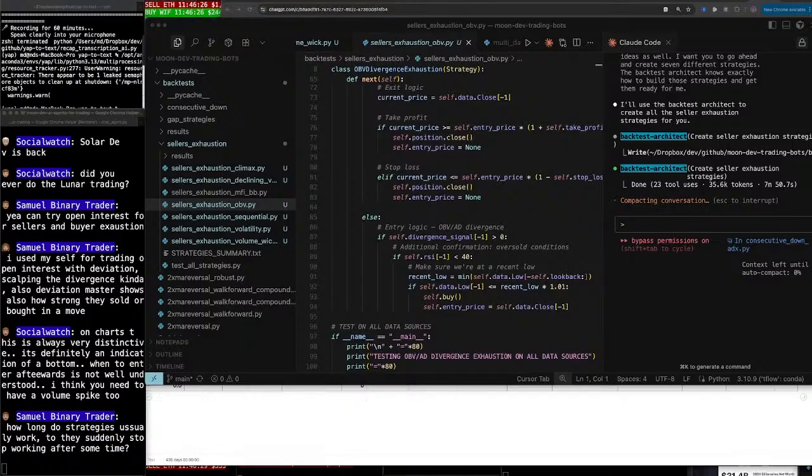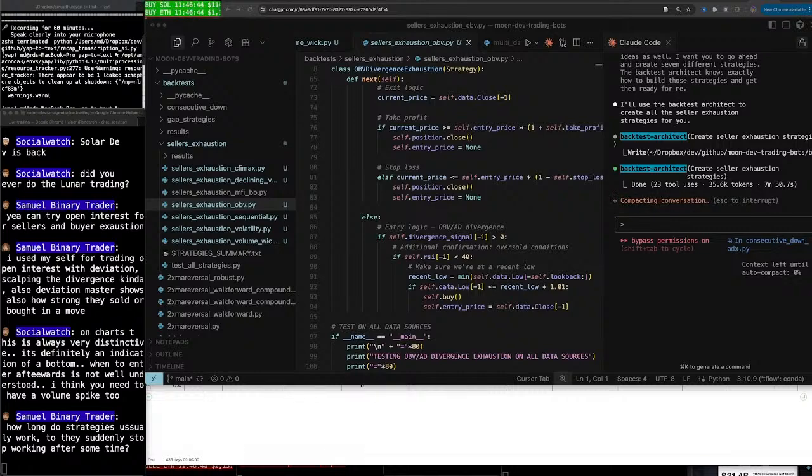Yeah, these sub agents are crazy. These are crazy, dude. I'll use the backtest architect to create your seller exhaustion strategies for you. Okay. She's compacting the convo right now, but I think it's just about compacted.